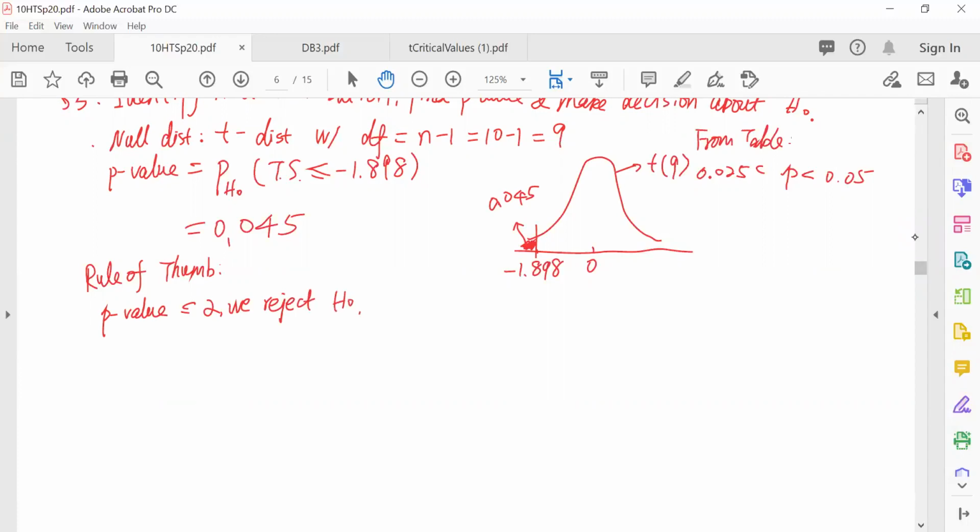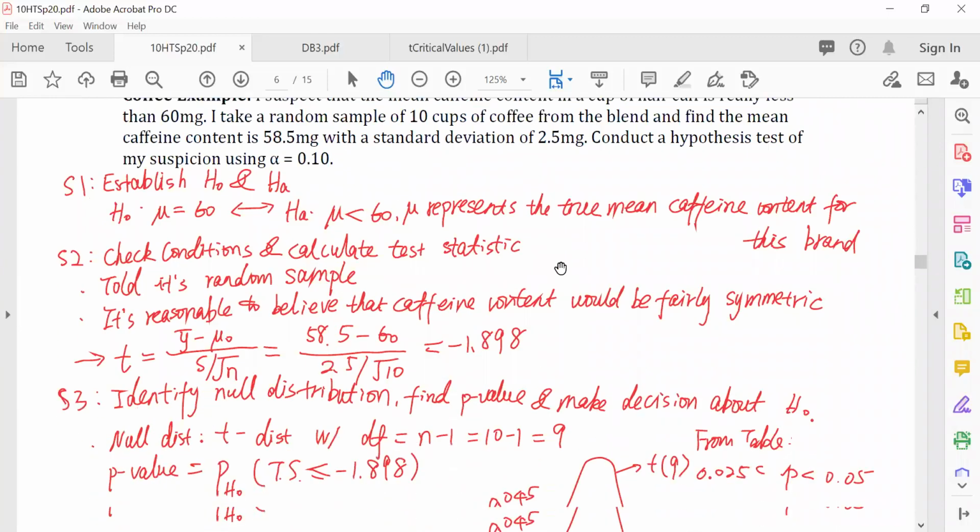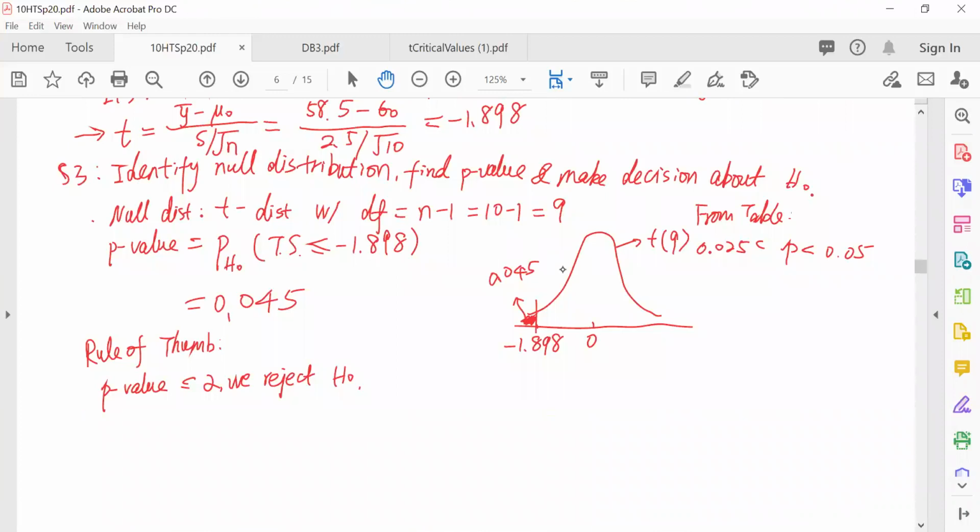Now here, our p-value is 0.045. Our alpha is given here, 0.10. So our p-value is less than alpha. So we reject H null.